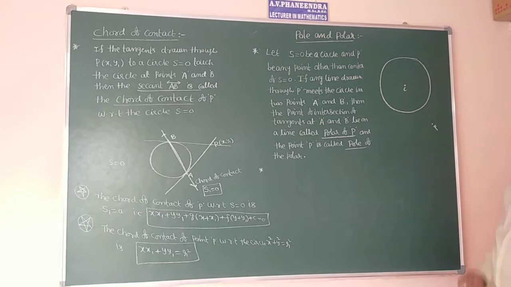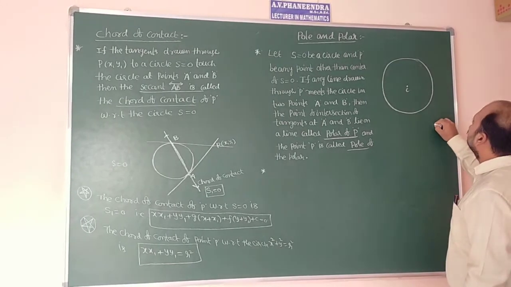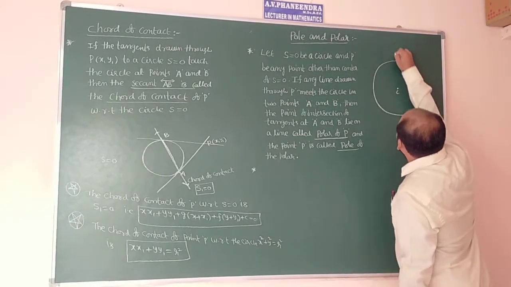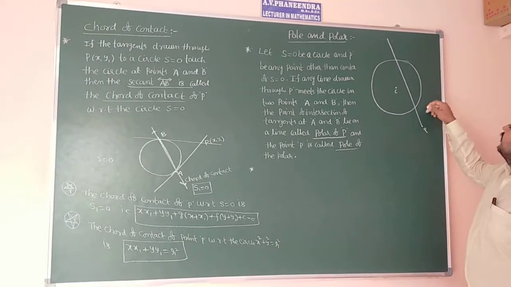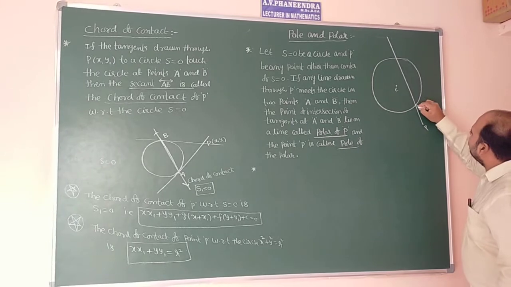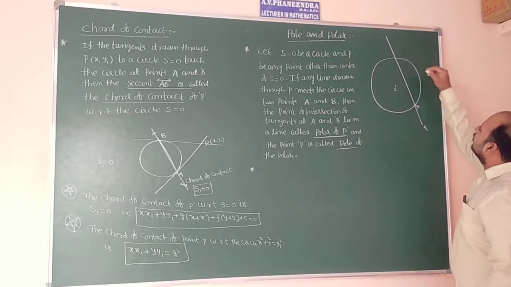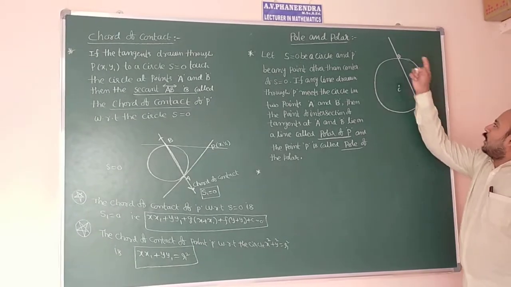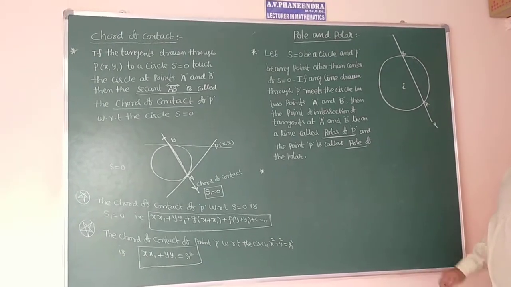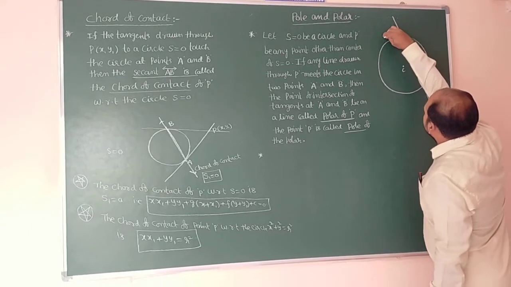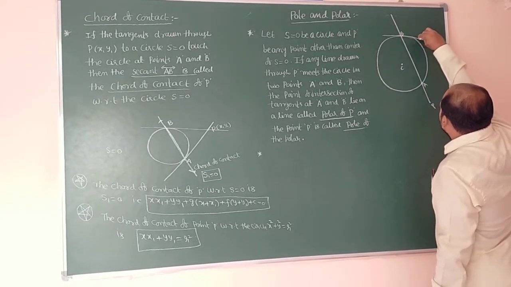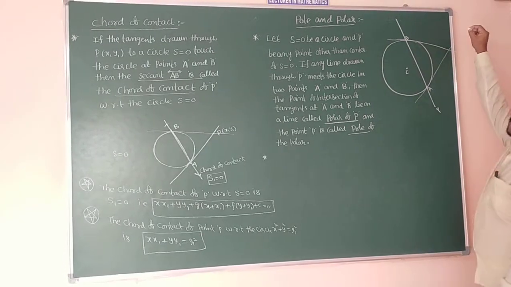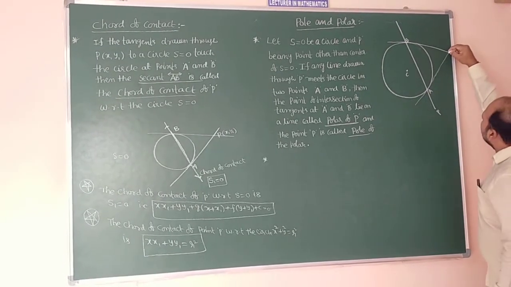From this point you draw one line. This line meets the circle at the points A and B. From these points you draw the tangents. This is one tangent, this is another tangent, which meet at one point.